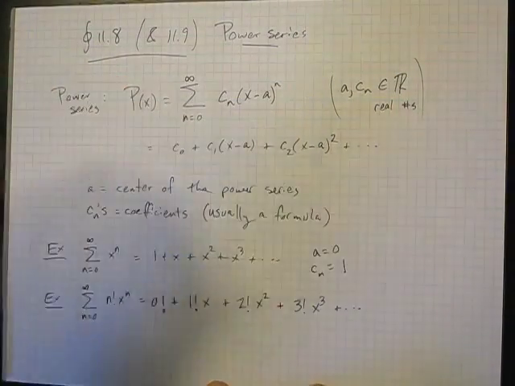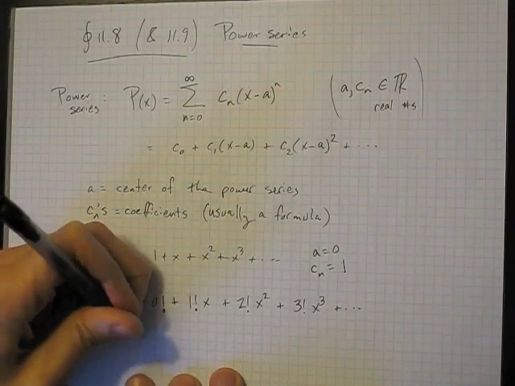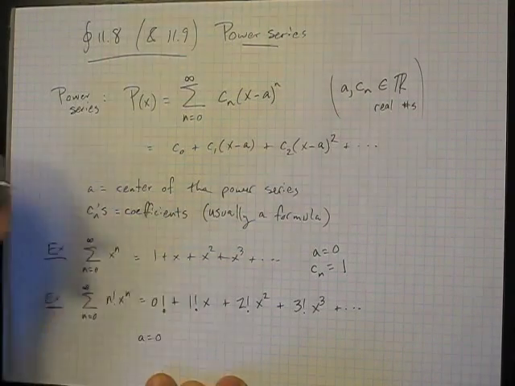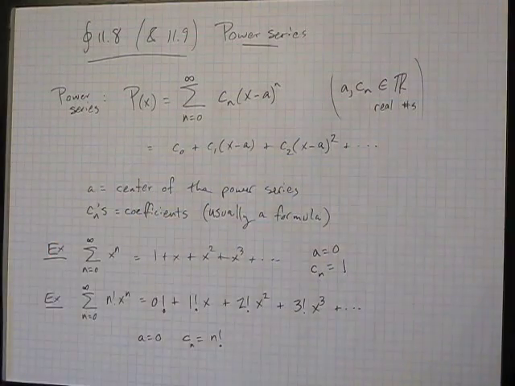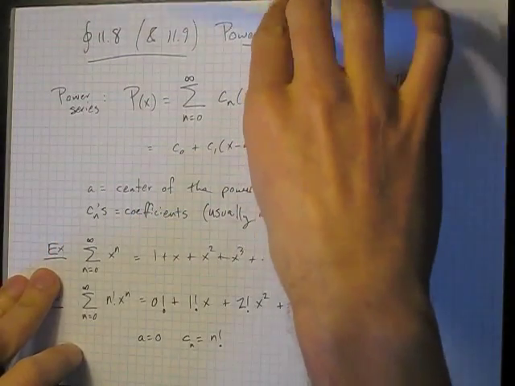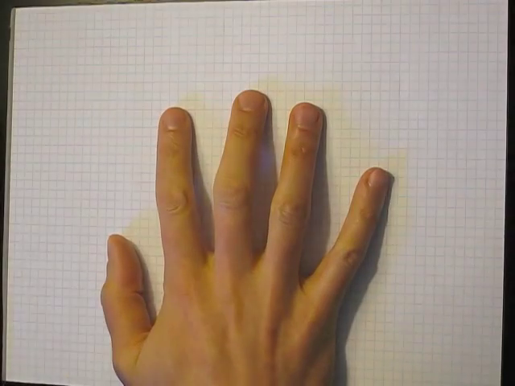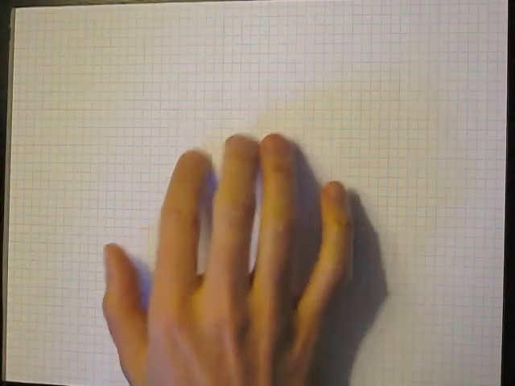Here the center is 0, and the formula for the c_n is just n factorial.